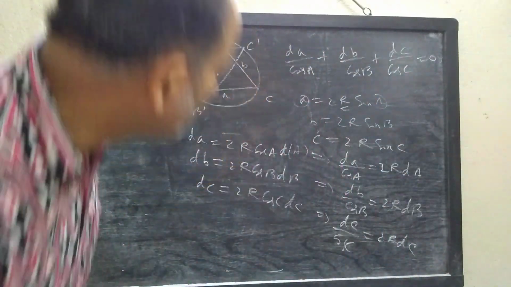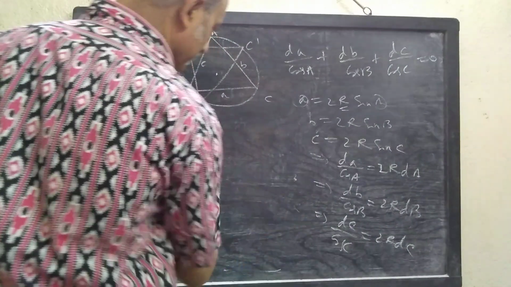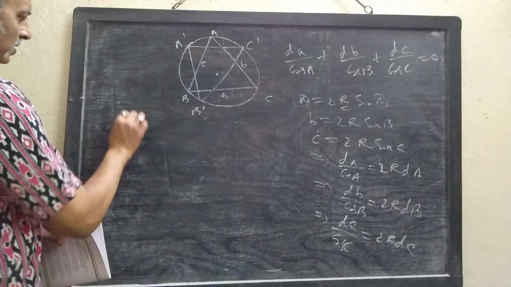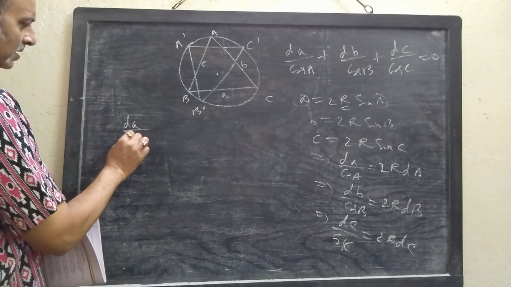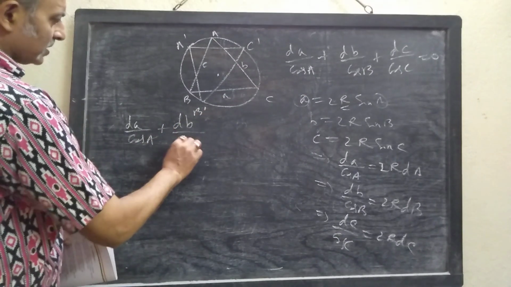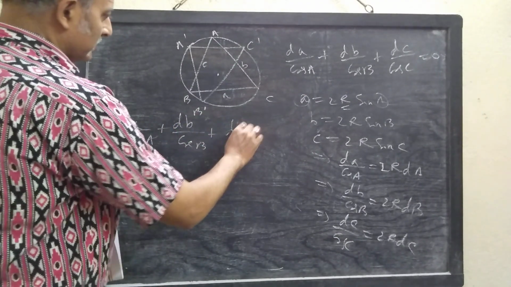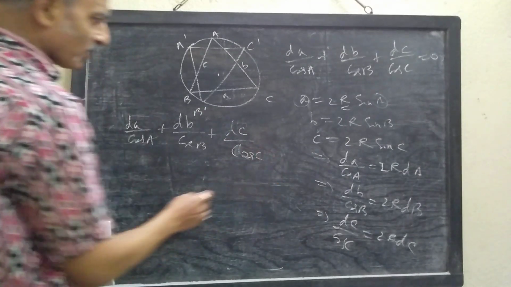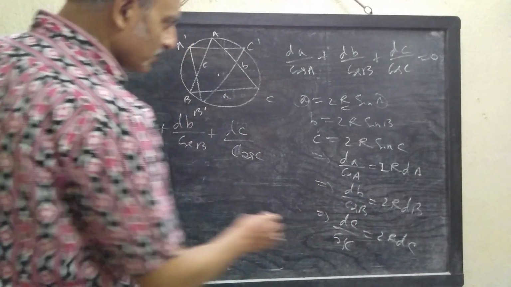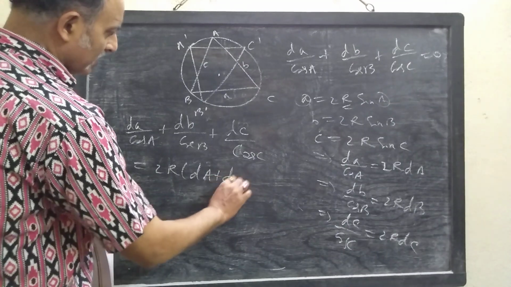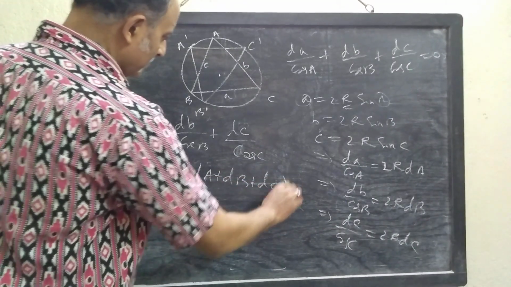Now add these results. Adding them, we get da/cos A + db/cos B + dc/cos C = 2r (dA + dB + dC). 2r is common.